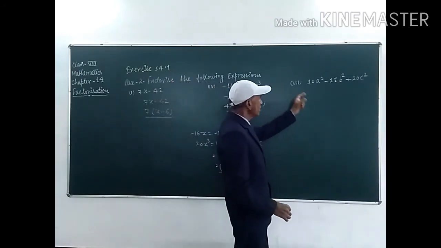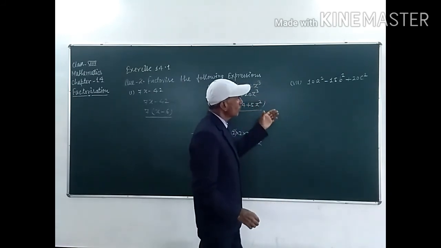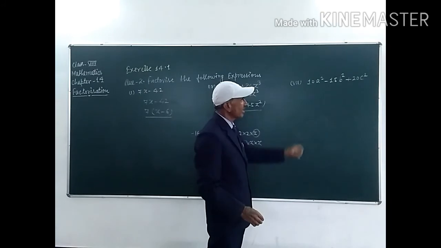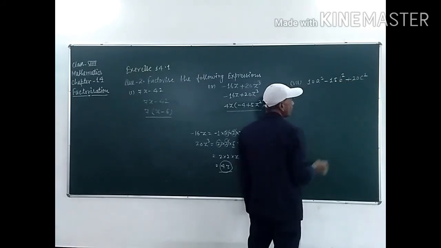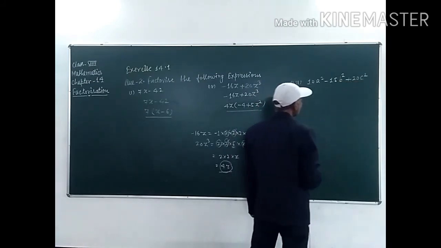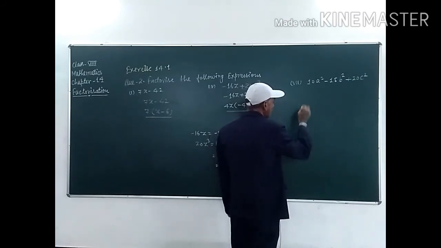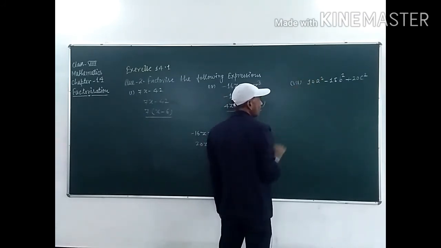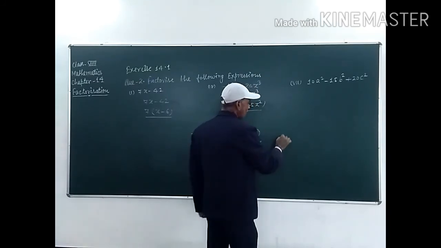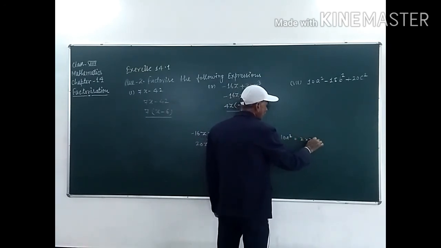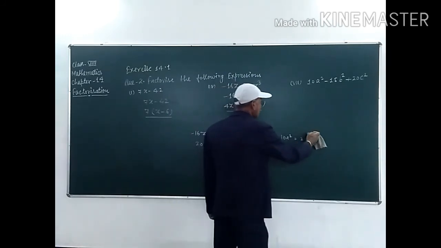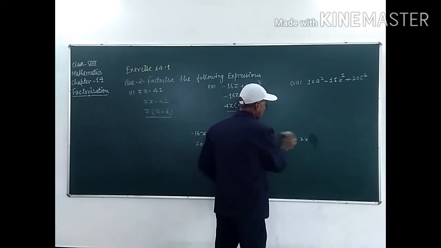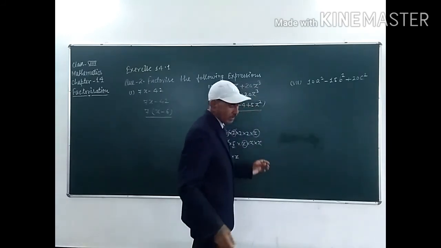And in this 7th part of the question, we have to factorize this. So students, there are three terms. First term is 10a square, second term is minus 15b square, and third term is 20c square. So in the first term we find the factors of 10, that is 2 into 5.